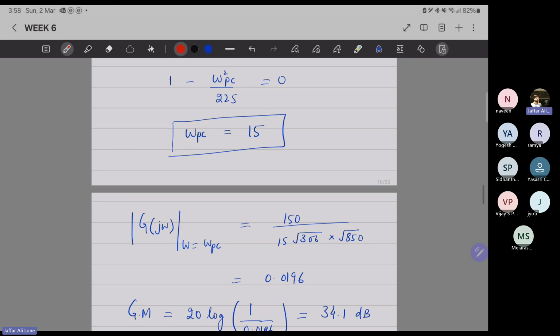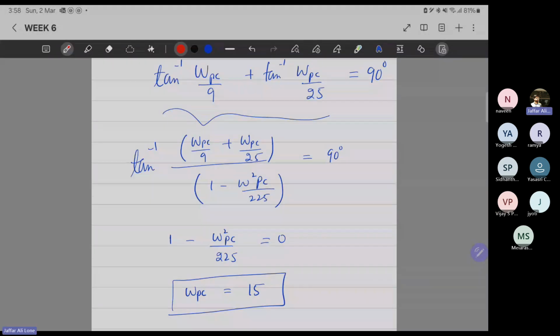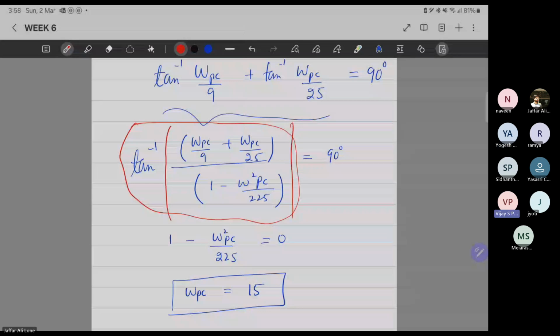Wait. Here, see, this whole bracket is one bracket, tan inverse of one bracket. Is that fine? Not so clear, sir.